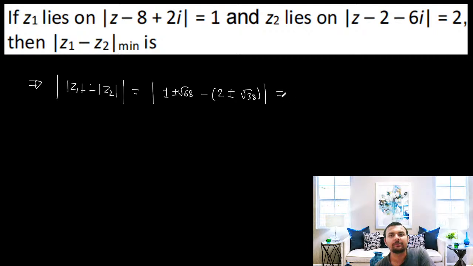This is the mod. So we'll first take both plus. When taking both plus, it is going to be 1 minus 2 minus 1, both plus, so root 68 minus root 38.